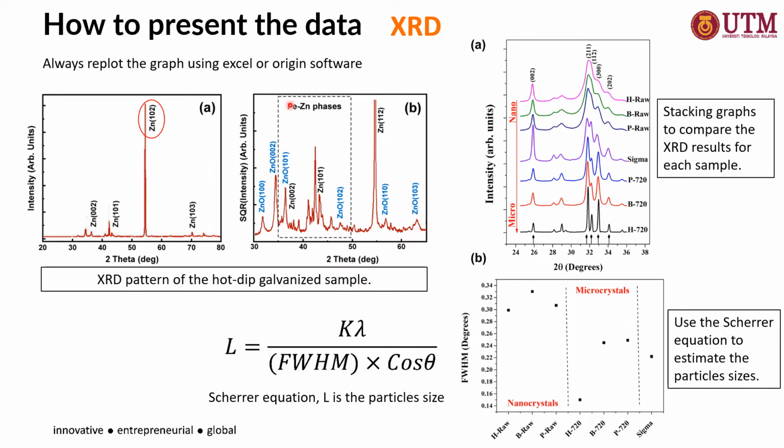They want to discuss the combination of iron and zinc phases on the coating sample. So here in the inset they focus on the range between 30 to 60 2 theta degrees, so here we can discuss properly for this range.